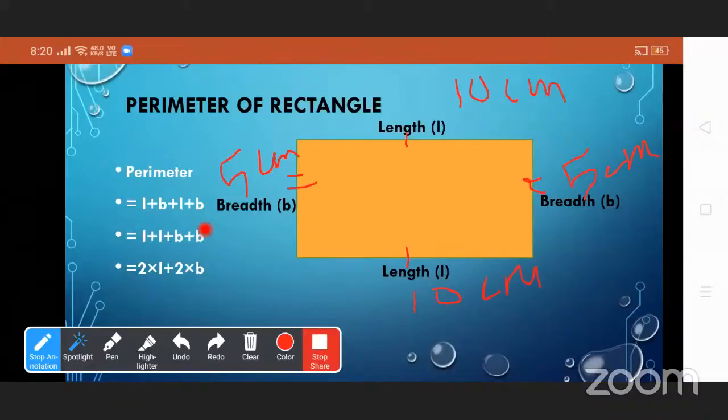So see here, L is 2 times. So we can multiply L by 2.